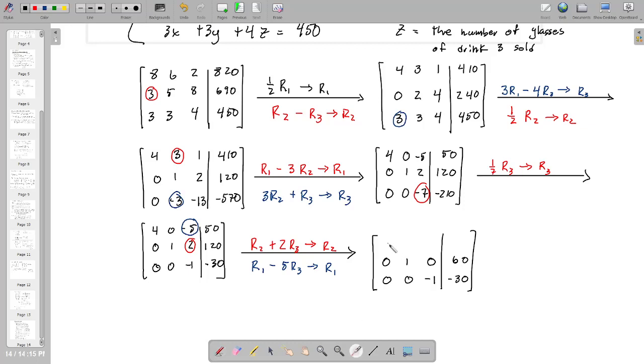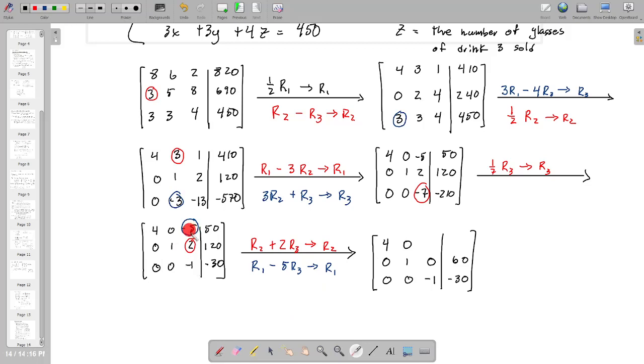And last we do the first row. So row 1 minus 5 times row 3. 4 minus 5 times 0. 5 times 0 is 0, so 4 minus 0 is 4. 0 minus 5 times 0. This is 0. 0 minus 0. Negative 5 minus 5 times negative 1.